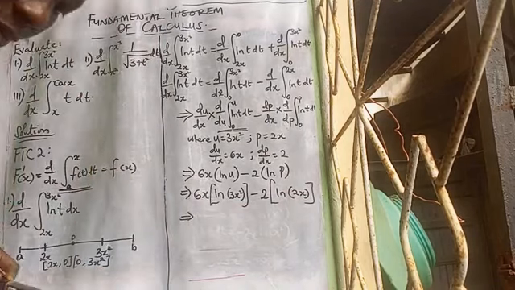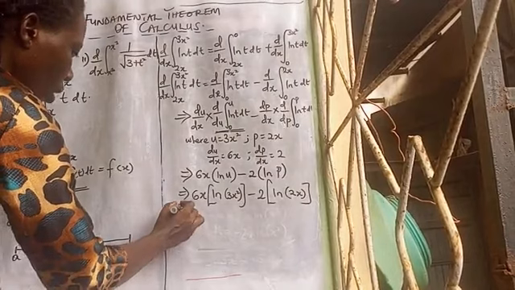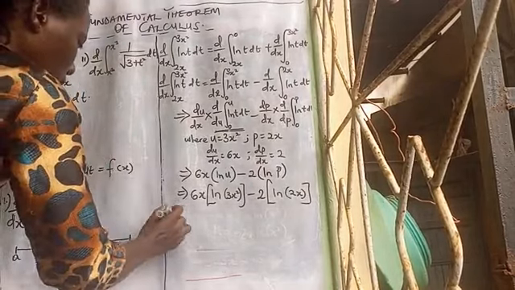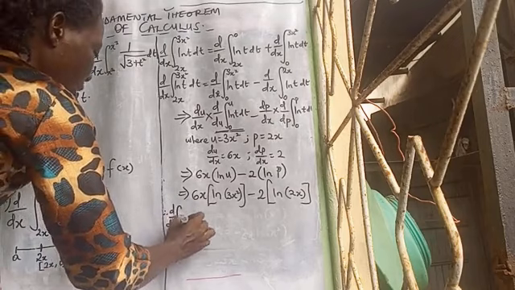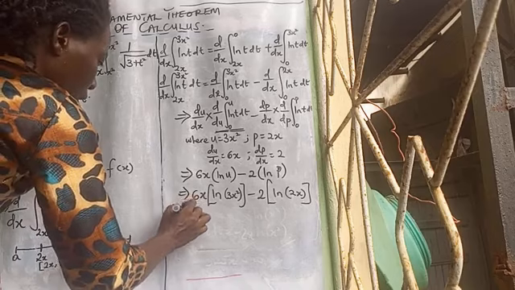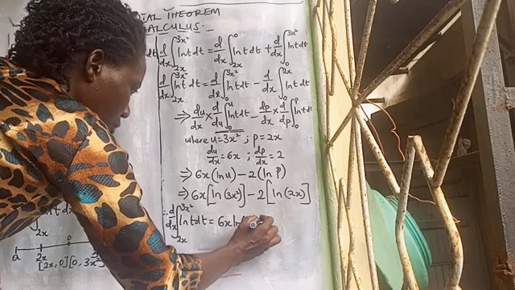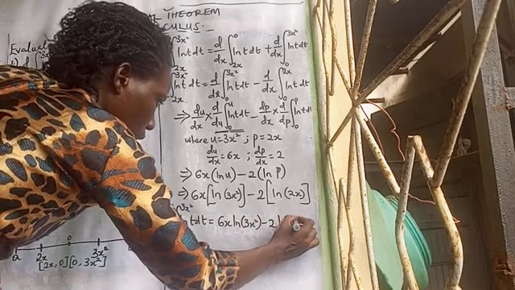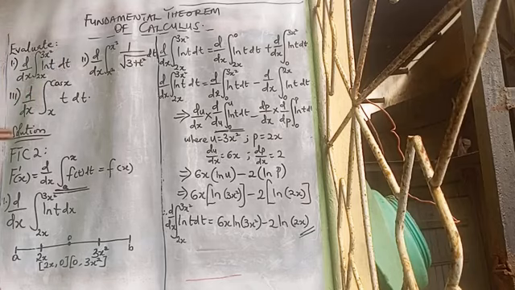Therefore, d/dx of the integral of ln t dt from 2x to 3x squared is equal to 6x ln 3x squared minus 2 ln 2x. If you need to pause the video, you can pause it so you can look at it again and see how much of this you understand.